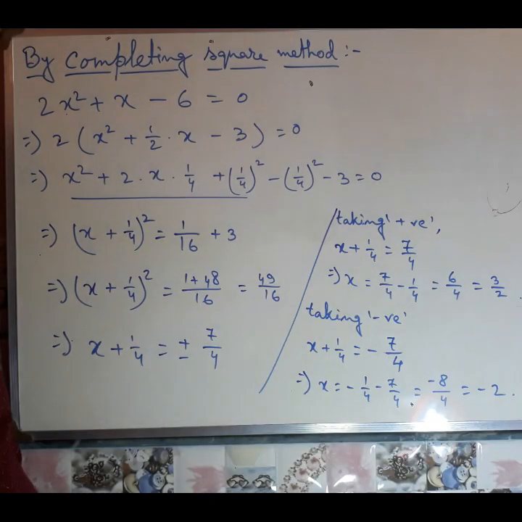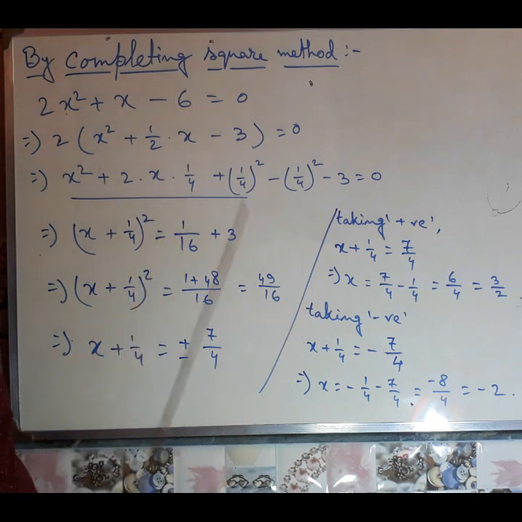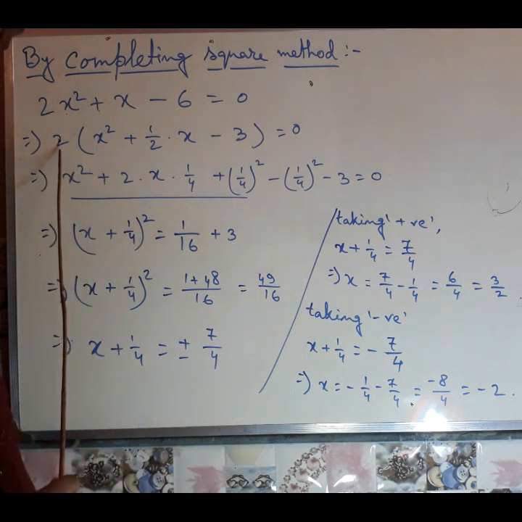Now, taking another equation to understand the completing square method to solve a quadratic equation. The example I have taken is 2x square plus x minus 6 is equal to 0. In the first step, what you have to do? Take the coefficient of x square common.